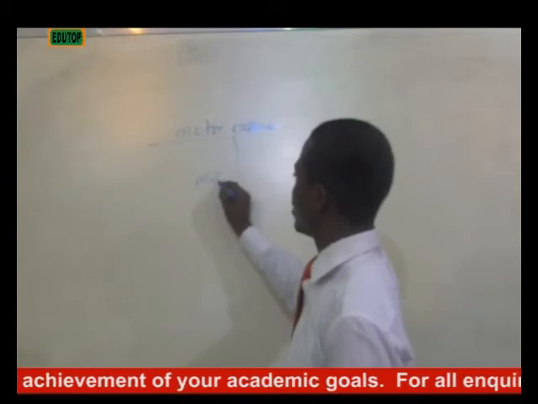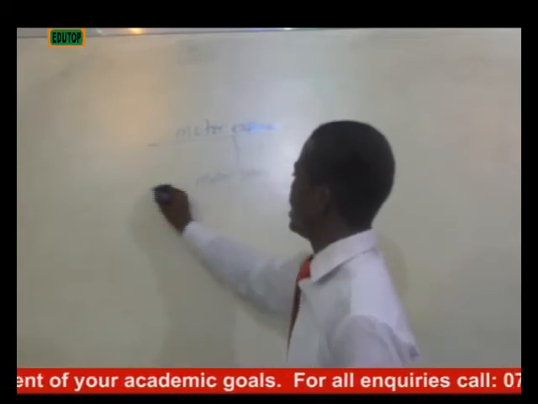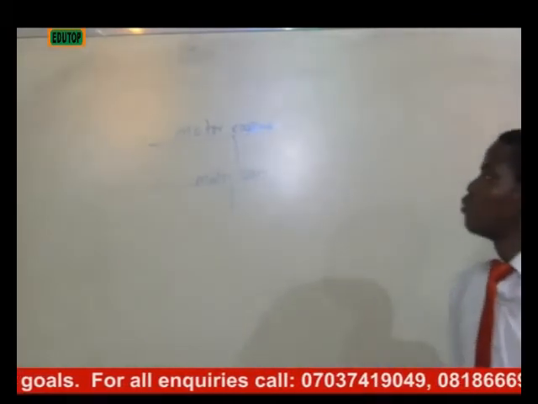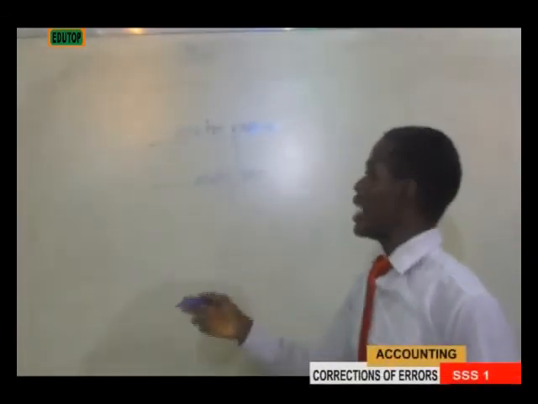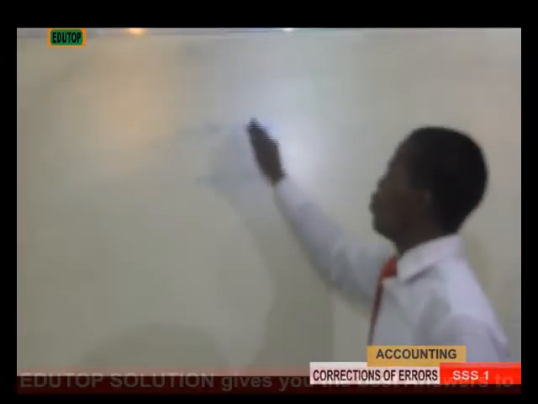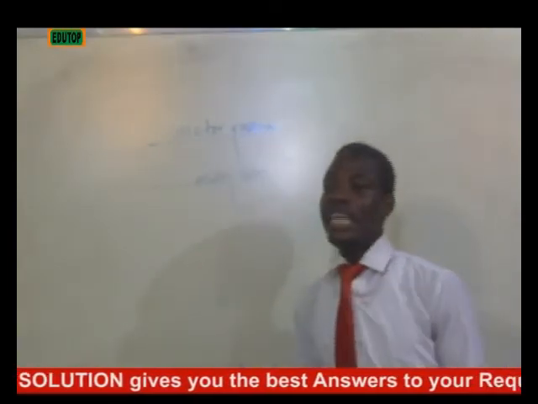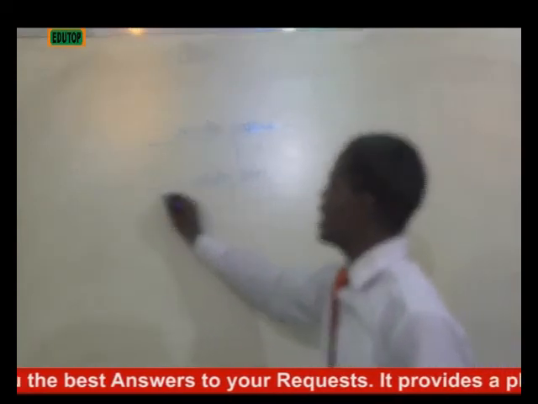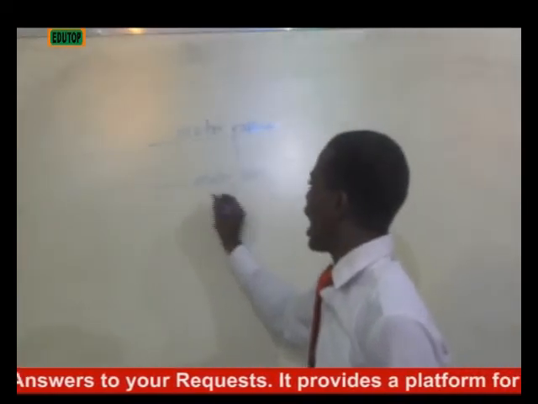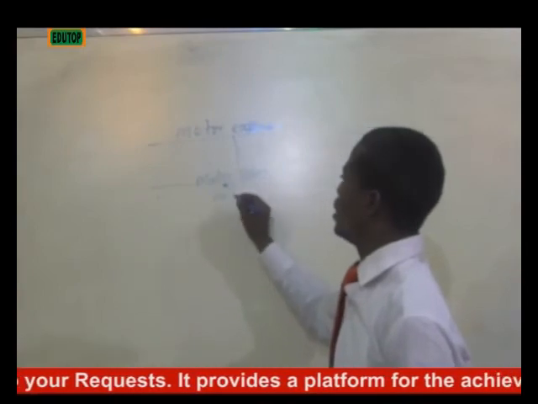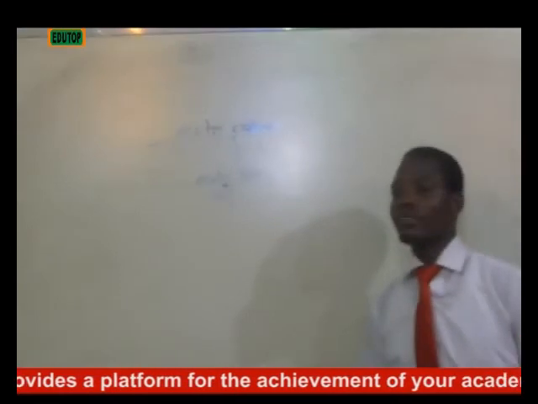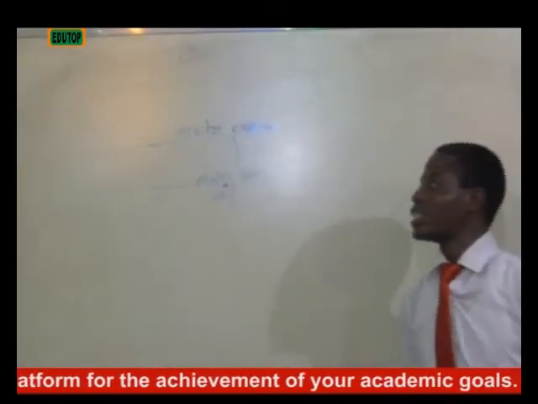This is motor van, and motor van is an asset. So this is what we call error of principle. Instead of entering the 60 naira in motor expenses, it has been mistakenly entered in motor van. That's what we call error of principle of double entry.